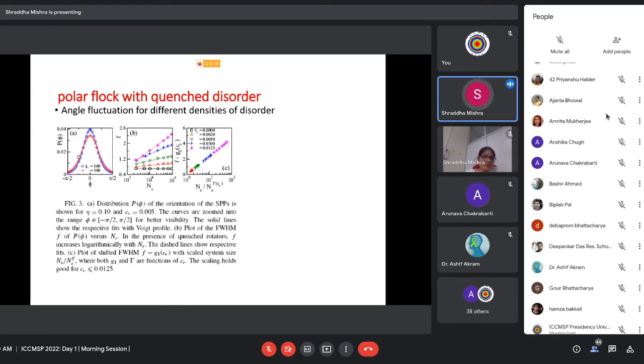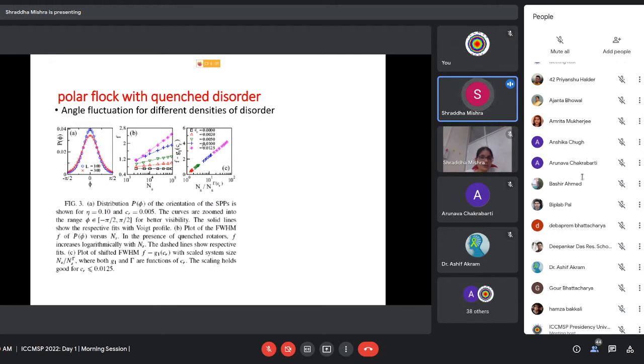How is this fluctuation increasing? To show that, we calculated the width of this distribution as a function of the system size for different obstacle densities. This is only for one obstacle density, and the y-axis is linear while the x-axis is logarithmic. We found that for zero obstacle density it is flat, which means there is no change, a long range ordered state.